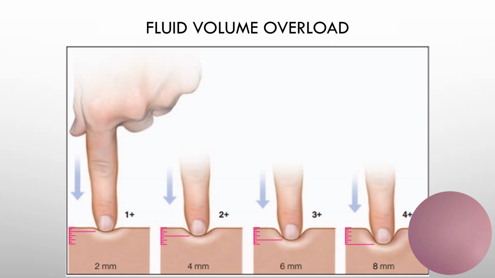And fluid volume overload. This is defined as too much isotonic fluid in the extracellular compartment. It also involves the intake of sodium-containing isotonic fluid that may have exceeded the fluid output.